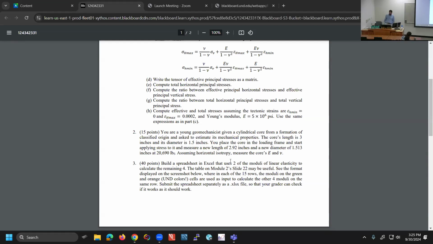You place the core in the loading frame and start applying stress to it and measure a new length of 2.92 inches and a new diameter of 1.513 inches at 2,690 pound force. Assuming horizontal isotropy, measure the core's E and ν.